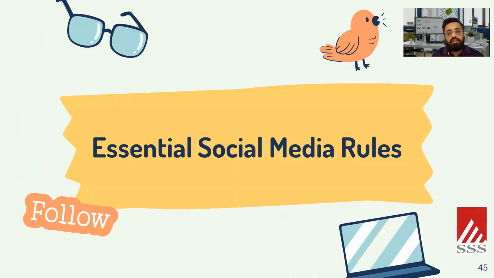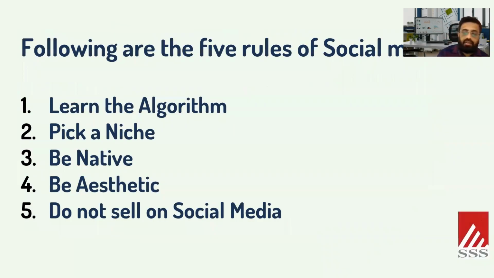The other important thing we have discussed is social media rules. We have to know the algorithm, how the algorithm works. Then we have to know what our main content is, what our main product or service is, and all the content should revolve around it.